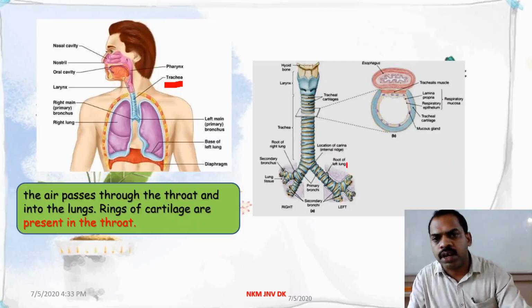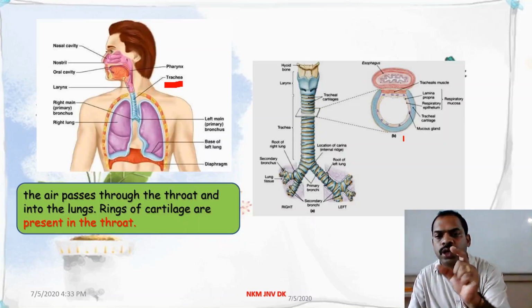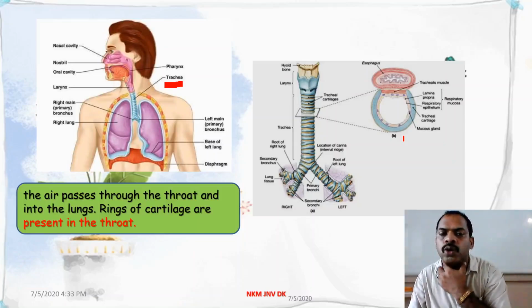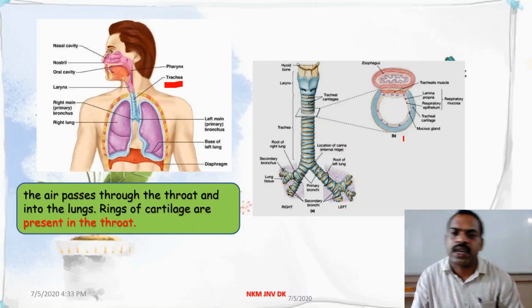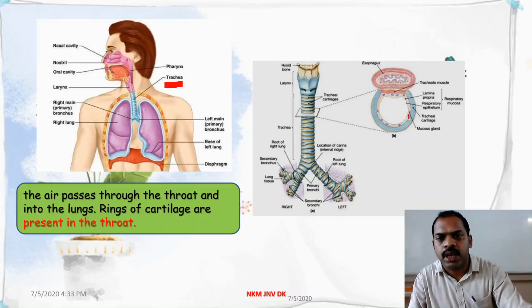And one peculiarity of the cartilage in our throat, we can also feel. Just use your thumb and first finger in a C shape and hold your neck like this. We can feel the cartilage. It is only a C-shaped ring, not completely an O shape, because it should not cause harm to the epiglottis and esophagus.